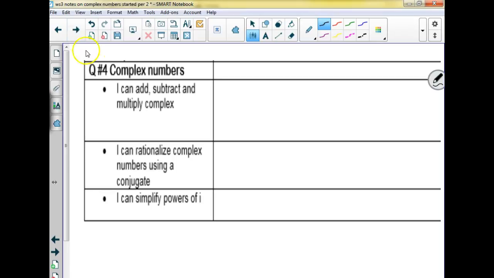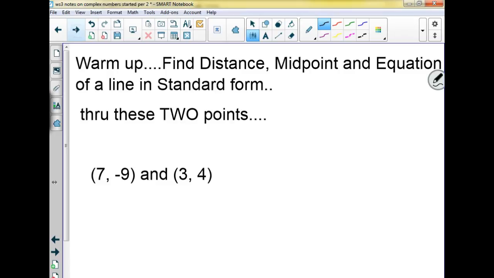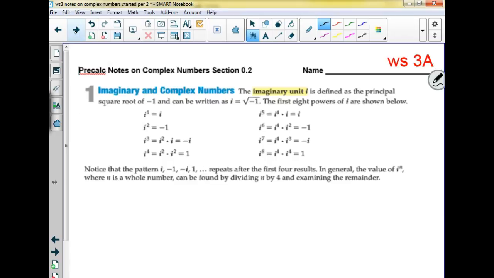All right, so we're going to use this idea and the definition of i to solve some problems today. So we're going to talk about this, powers of i, and then rationalizing using a conjugate, okay? We already did some of this. I'm going to skip this warm-up for now. All right, so the definition of i was square root of -1.